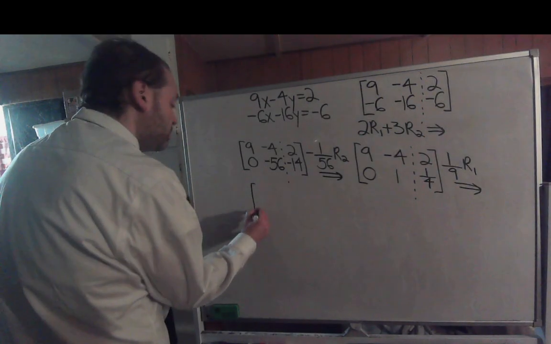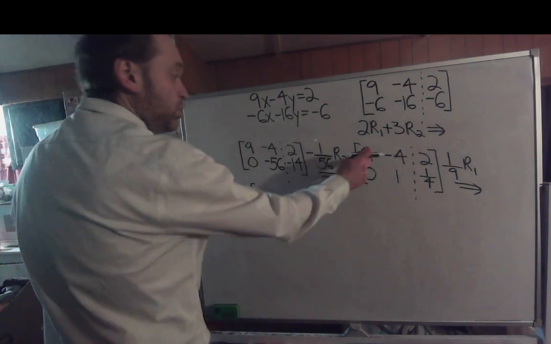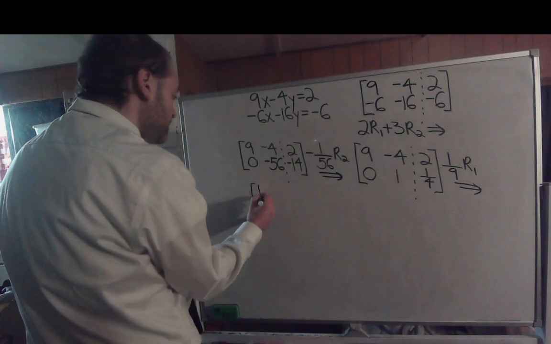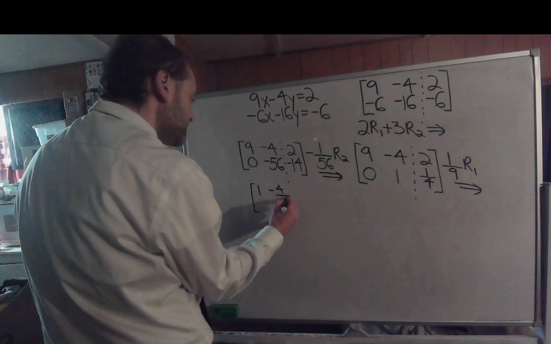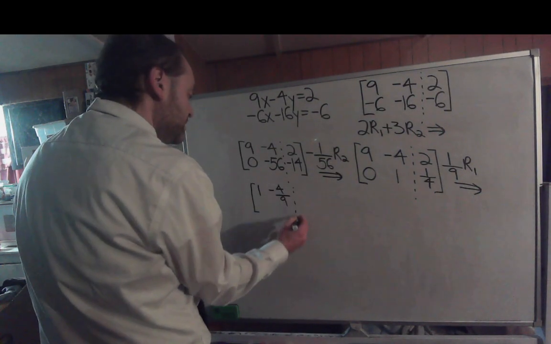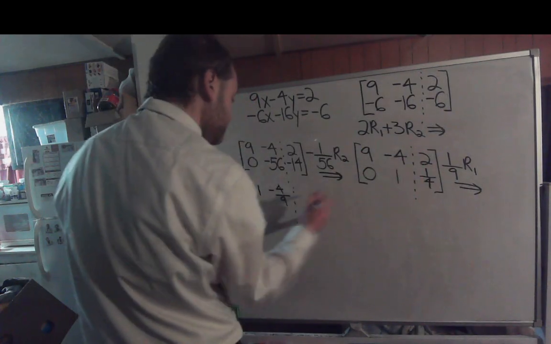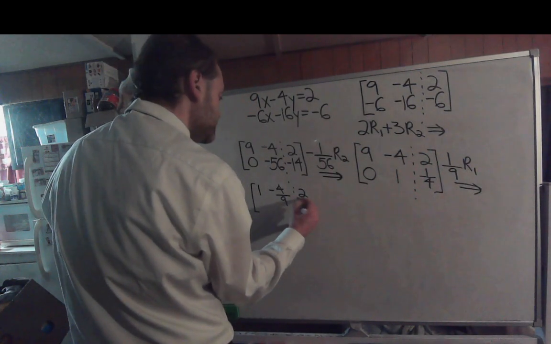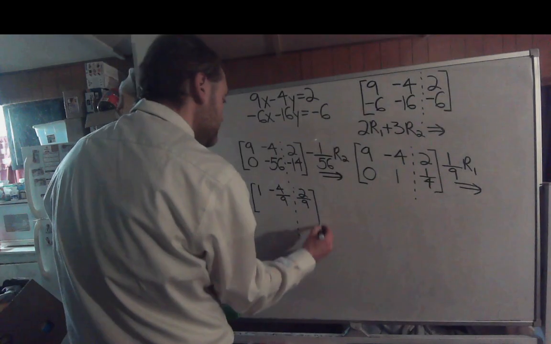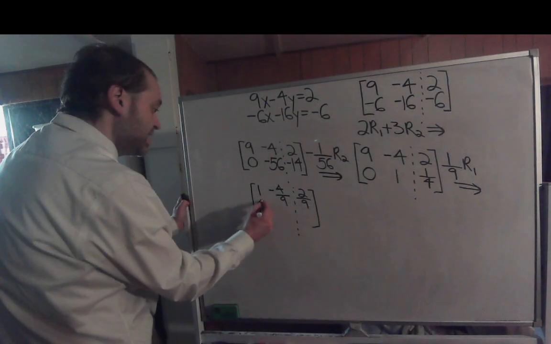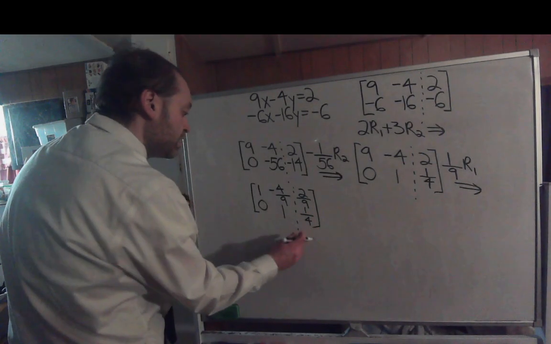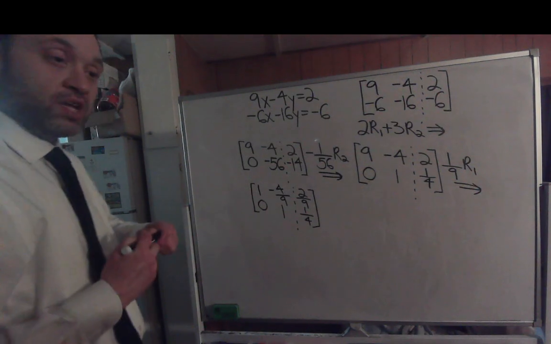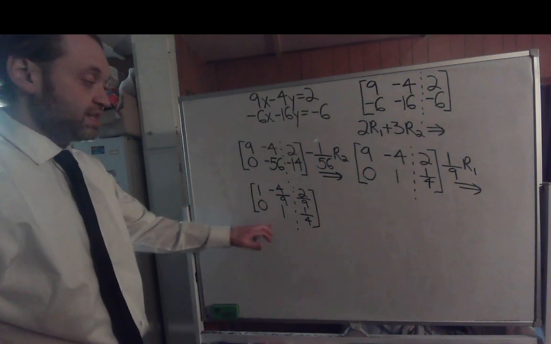Then we'll form the new matrix here. 1/9 of 9 is 1. 1/9 of negative 4 is negative 4/9. And to the right, 1/9 of 2 is 2/9. Your second row stays intact: 0, 1, and 1/4. All right, we now have row echelon form since the leading digits in each row are 1.